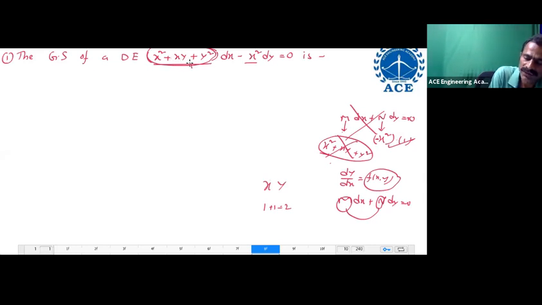Therefore, it is a homogeneous function with the degree 2. In place of n also, it is a homogeneous function with the degree 2 only. M, n are same degree homogeneous functions. That is why we can solve this problem by the homogeneous method, but not by variable separable.